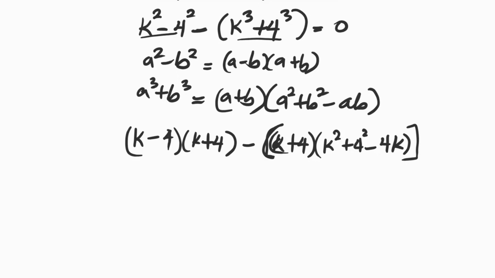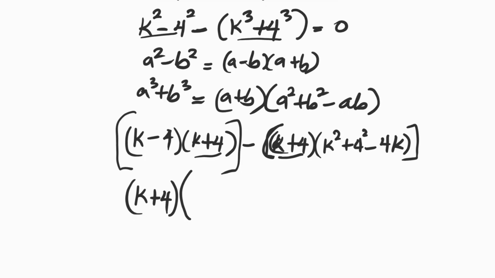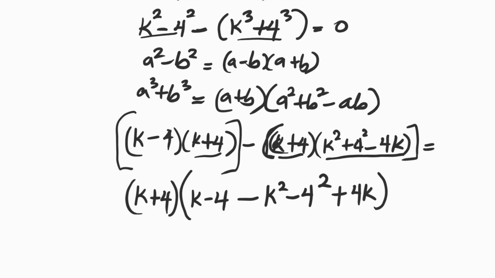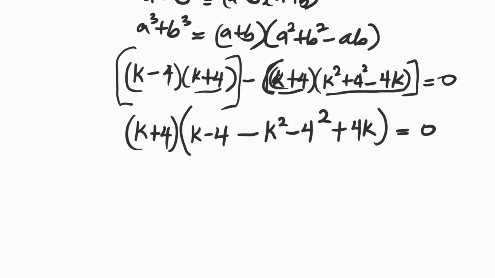Now, we can see that we have common factors. We have k plus 4 as a common factor on both sides, so we can factor out k plus 4, and when we do, then we have k minus 4 minus everything that we have on this side, so it becomes minus k squared minus 4 squared plus 4k, and that is equal to 0.